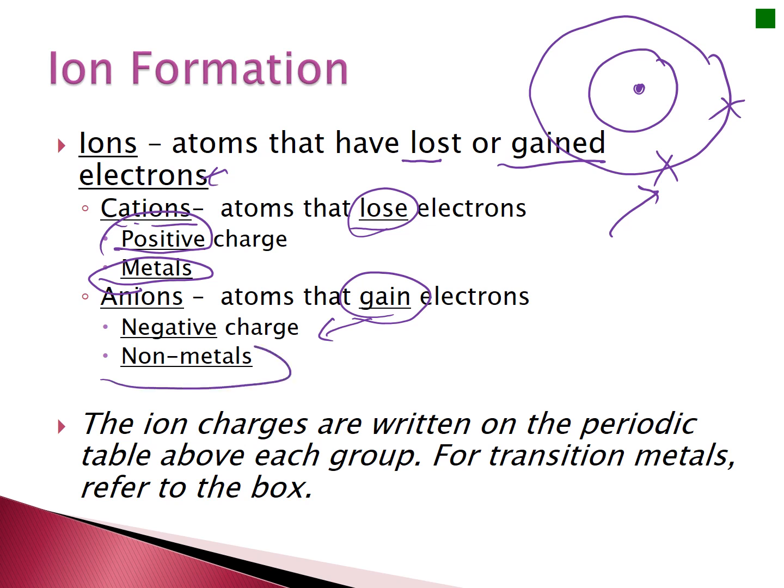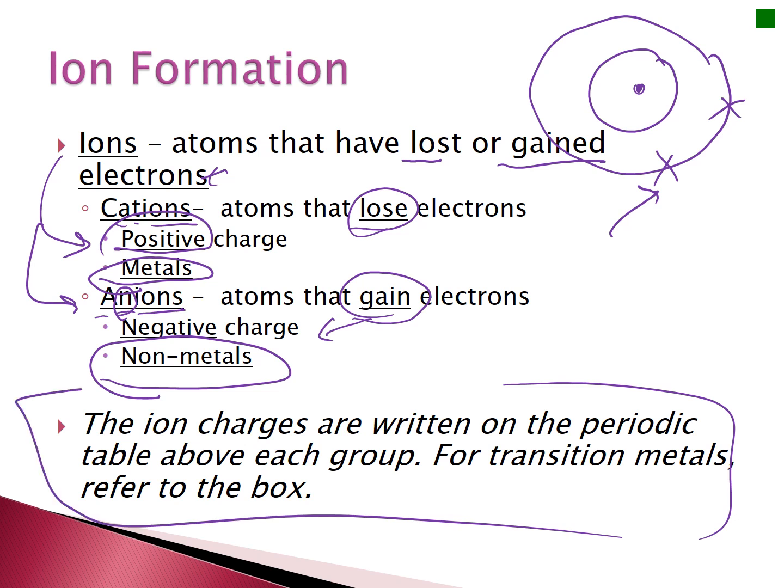These tend to be nonmetals, and once again, as a review, it is an anion, so a negative ion. So ions are either positive or negative, depending on whether they gain or lose those electrons. And we're going to be talking about these transition metals. They are very special, but that's going to be more emphasized during the ionic naming video.